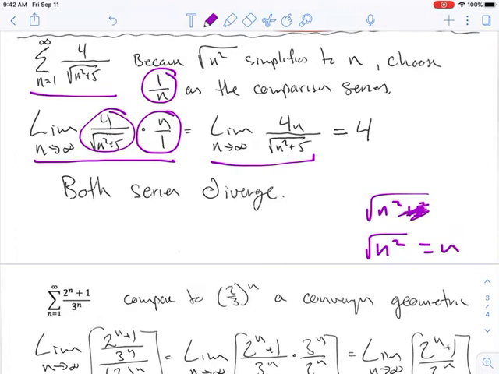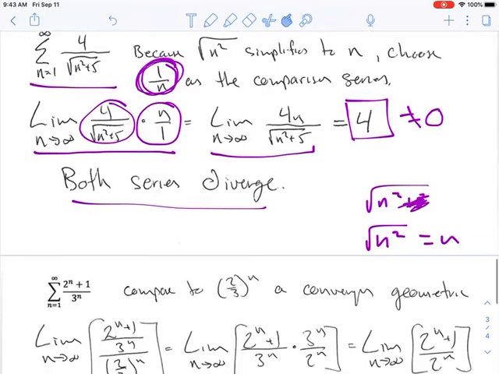When you use L'Hopital's rule, or divide the numerator and denominator by the highest power of n, which incidentally is n, any way you want to take the limit, you're going to end up with 4, which is not equal to 0. Therefore, both series converge or both series diverge. Once again, we know that 1 over n is a diverging harmonic series, so both series diverge.